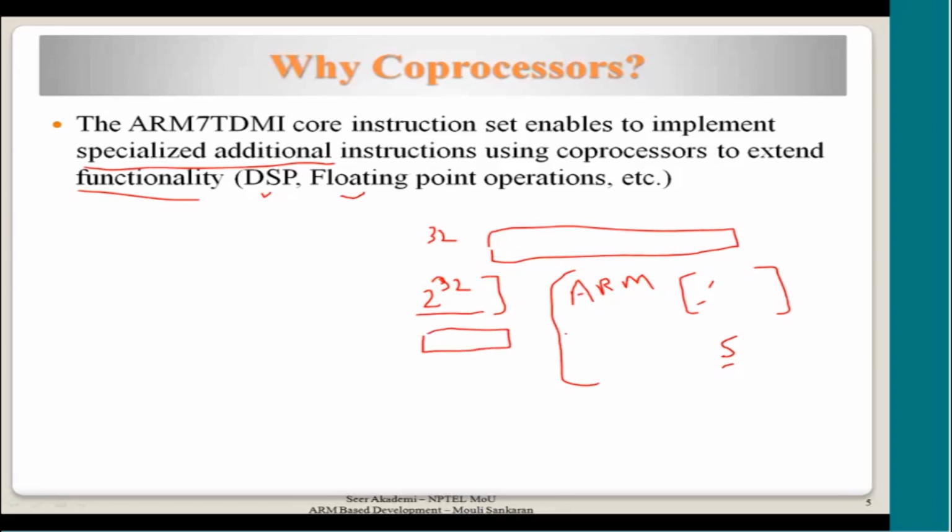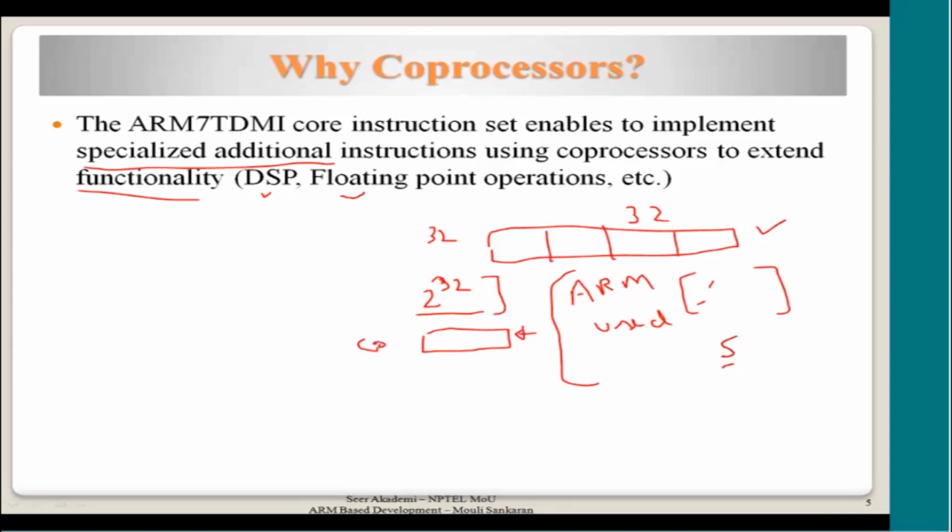Okay, so you know the ARM opcode, and we have talked about every instruction, how they divide the 32-bit ARM instruction into multiple fields and how it is used. So we know those things. The combinations which are not used by ARM, the gaps in the instructions of ARM, are going to be used by the coprocessor instructions.